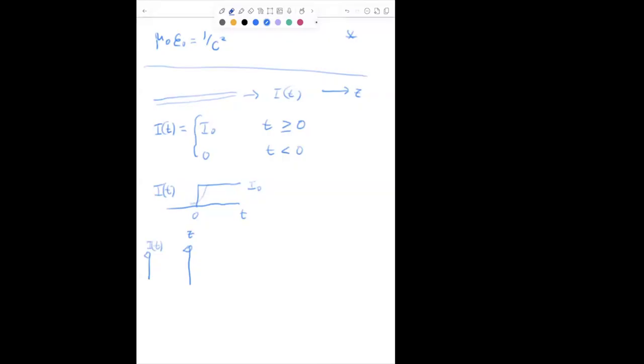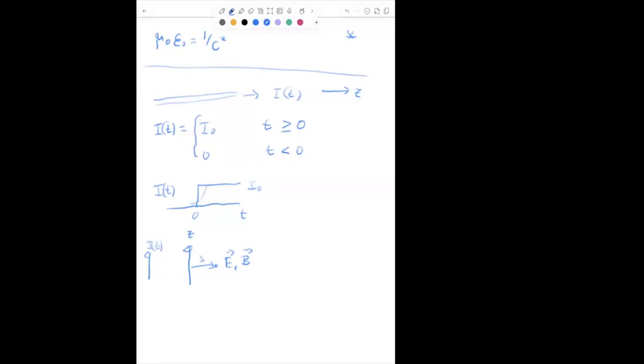The answer is we should use cylindrical coordinates. So this is going to be the distance s to some point in space where we are interested to calculate the electric and magnetic field, at this point, at point s, sorry.